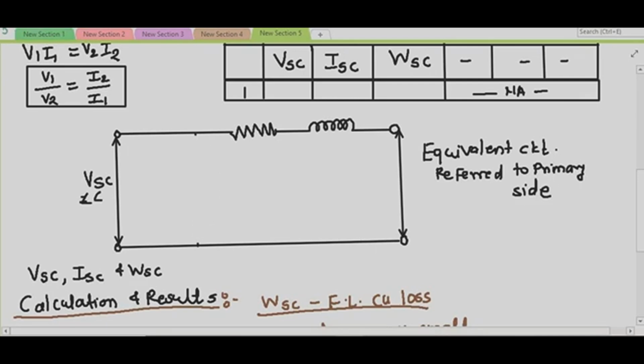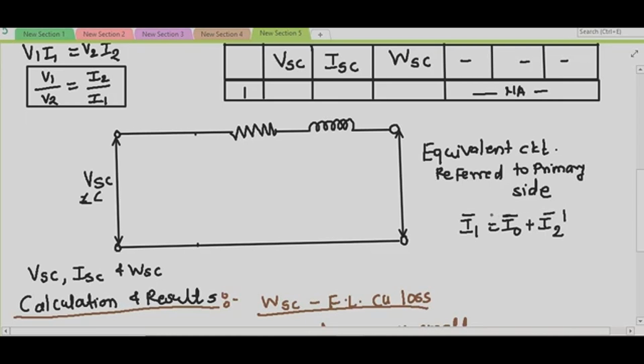Why do we have to omit this? Because under short circuit condition, the applied voltage VSC, which is required to circulate the full load current through the primary and the secondary, is very small. The primary current is the vector sum of I0 and I2 dash.